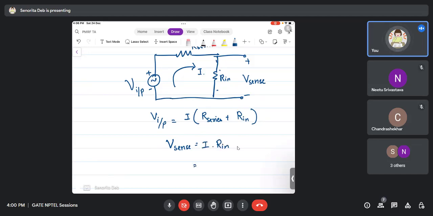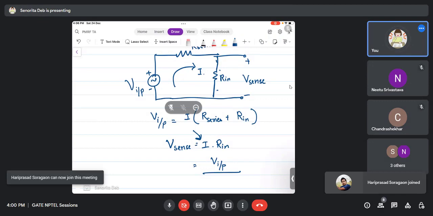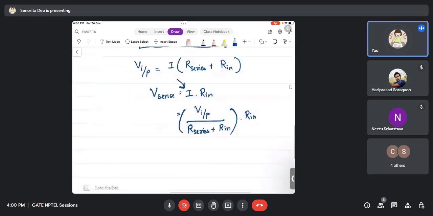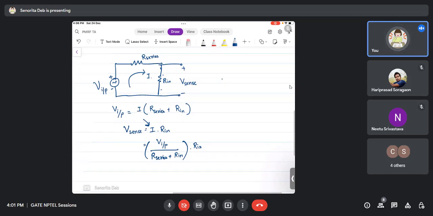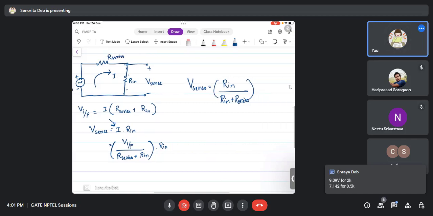Therefore, you put the value of I from here: V input upon R series plus Rn, into Rn, right? So directly, the voltage division rule says that V sense will be equal to Rn upon Rn plus R series into V input.